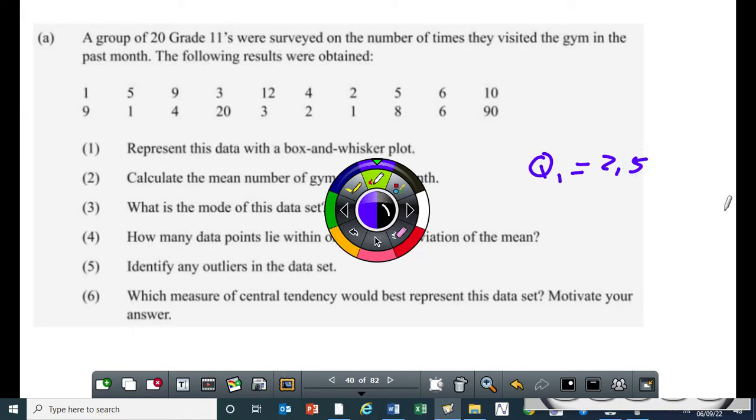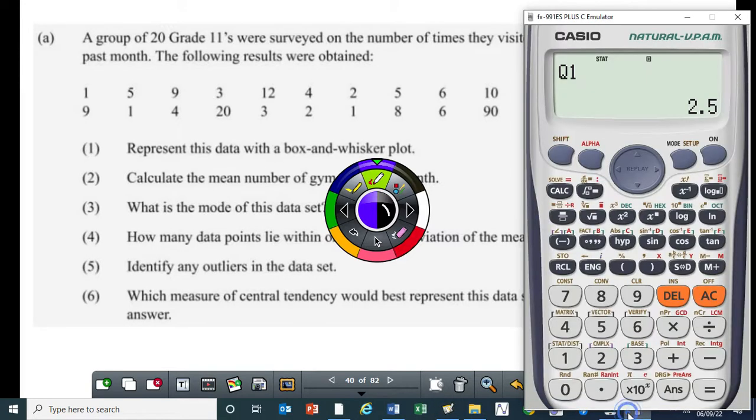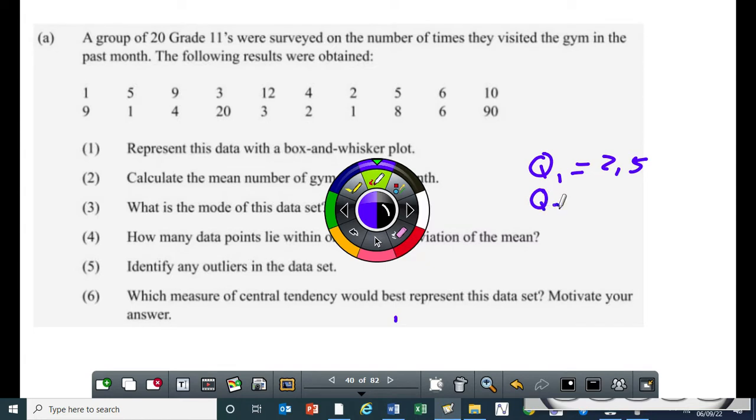Then let's retrieve Q3. You see this? So that's number 6 there. Then number 5. So we have got 9 here. So Q3 is equal to 9.